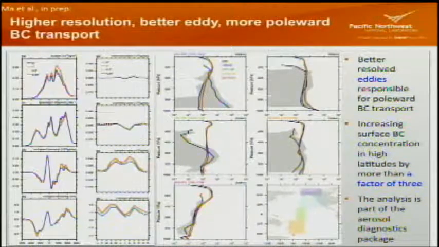It is actually this term, and when you have higher resolutions, the eddies are resolved better, and the eddy transport of aerosols is also much better. And remember the previous plot, we showed that the model underestimates the black carbon concentration near the surface, and with increasing resolution we have at least a factor of 2 improvement, but it doesn't entirely change the picture.